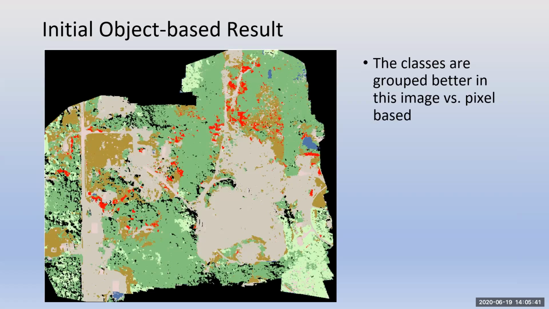We felt we were getting some false positives on it. So we ran it through the same process that we did before with the pixel-based. We are deleting all the information that we think is bad. Next slide.